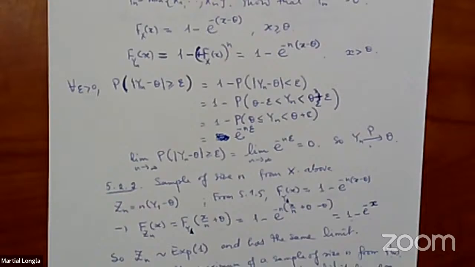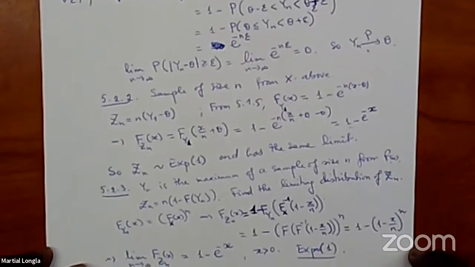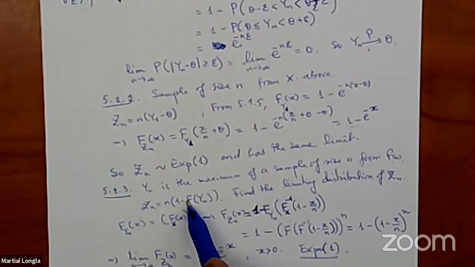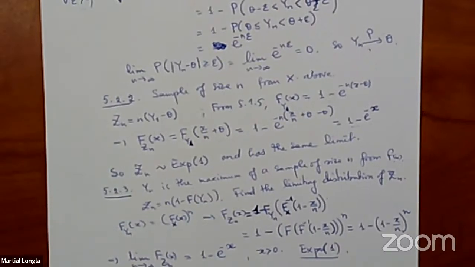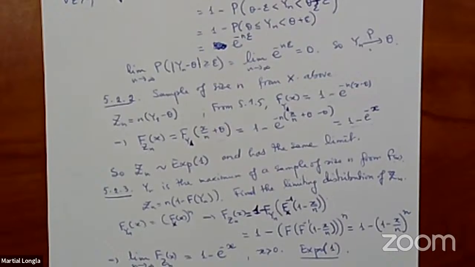So you just have some distribution, capital F, and we want to find the limiting distribution of Zn equals n times (1 minus capital F of Yn), where Yn is again the maximum of the observations. How do you find the limiting distribution?